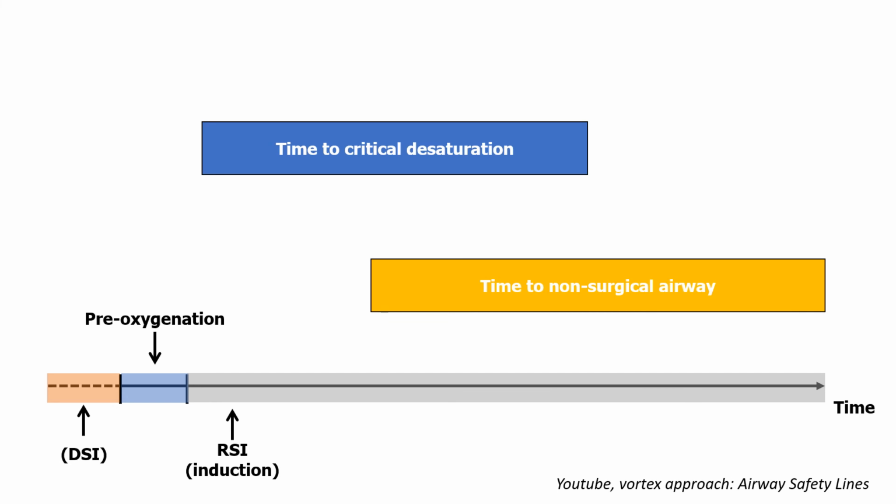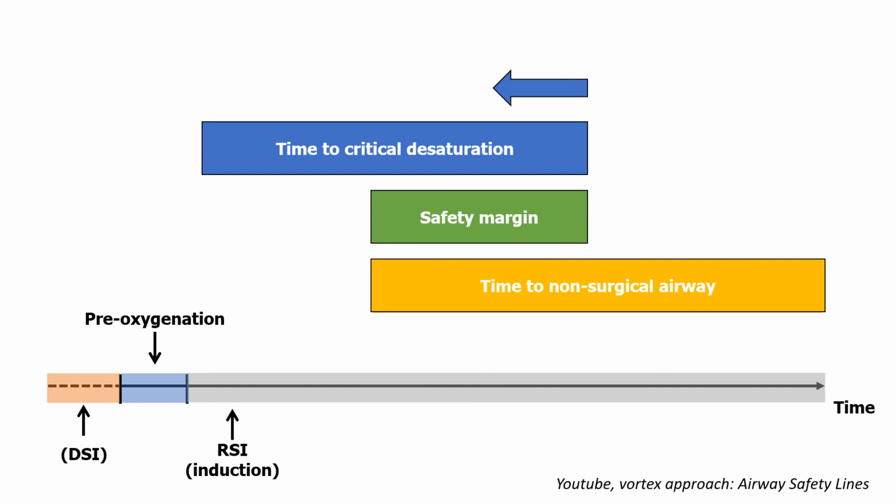And what you want is that your time to your non-surgical airway, like your intubation tube, the time until you find the hole, you get your tube in, is well before they get to critical desaturation. We might call this the safety margin, this time window we have. Okay.